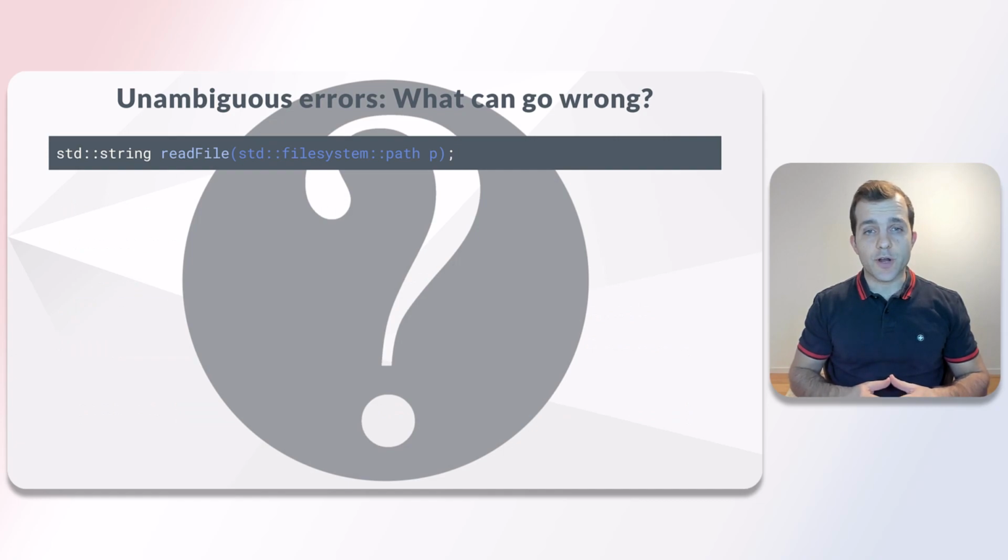To demonstrate the different error reporting techniques, we will be looking at a relatively simple function that reads a file and returns its contents. Based on this description, what do you think can go wrong when reading a file? Please take a moment to think about it and note down your answers. Feel free to pause the video.